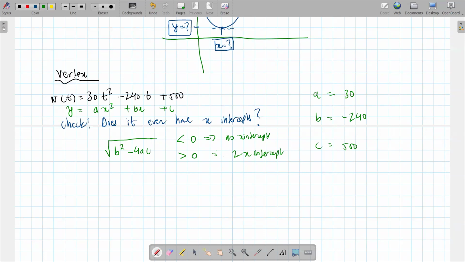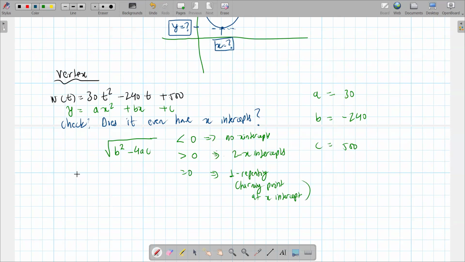And if it is exactly 0, then it just has one repeating x-intercept. There's a turning point at the x-intercept itself. So we just have to check for this.